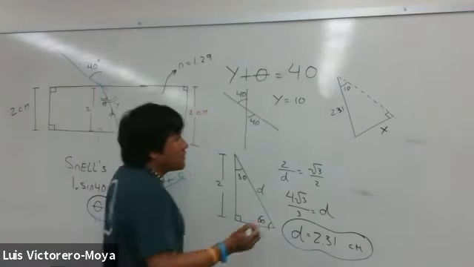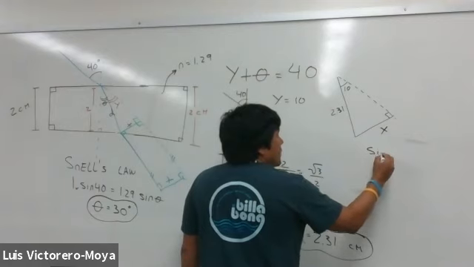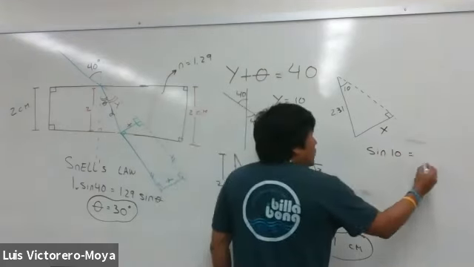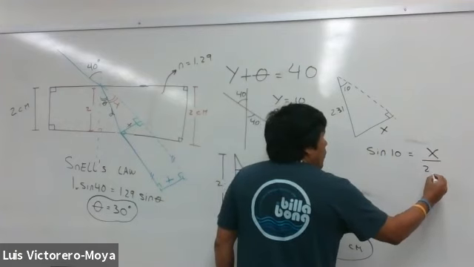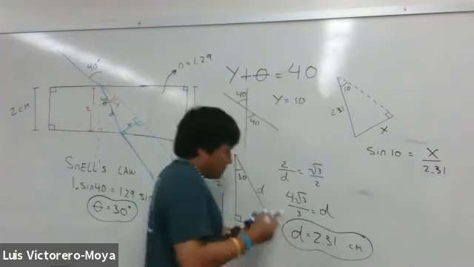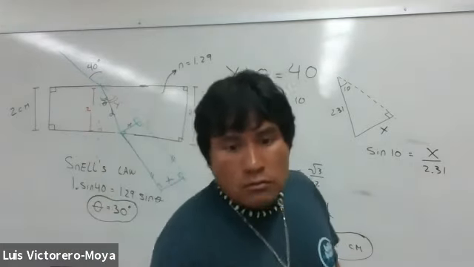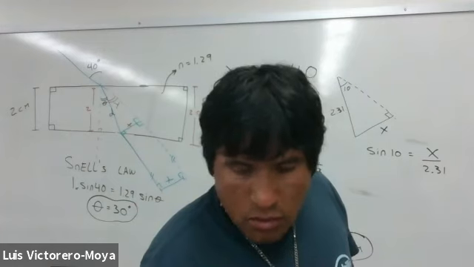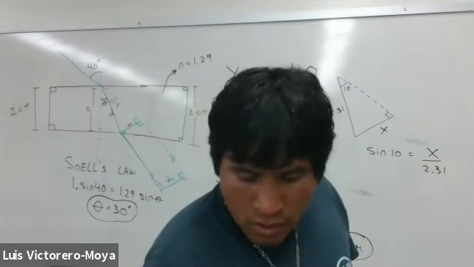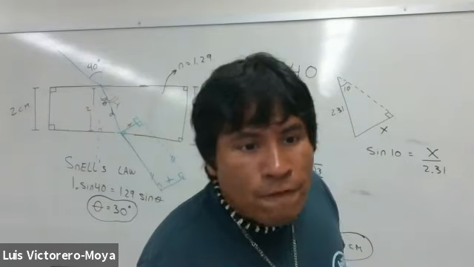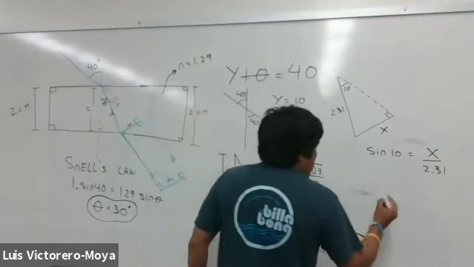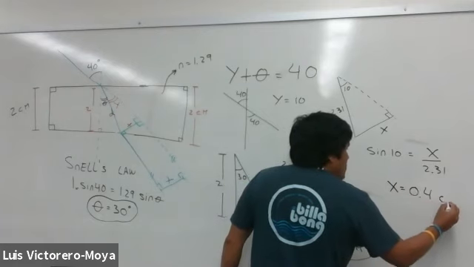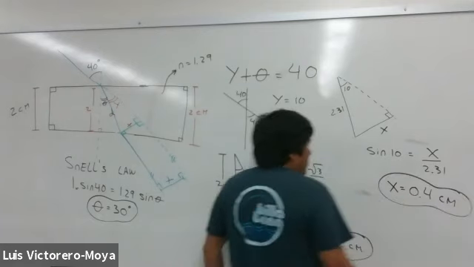The sine of 10 degrees. The sine of 10 degrees is equal to X over 2.31. And that should be very small. The sine of 10 is very tiny. So sine of 10 times 2.31, 0.4 centimeters. So the answer will be 0.4 centimeters.